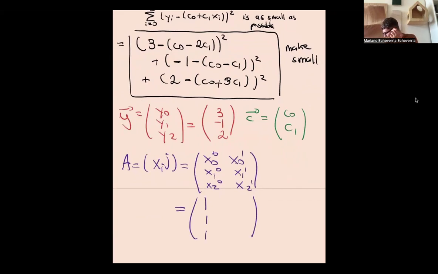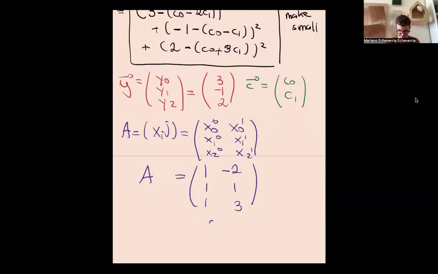And then you get the values for x, so you get -2, 1, and 3. So that is what the matrix is. In this case, it's a 3 by 2 matrix, right? So far, so good up to this point.